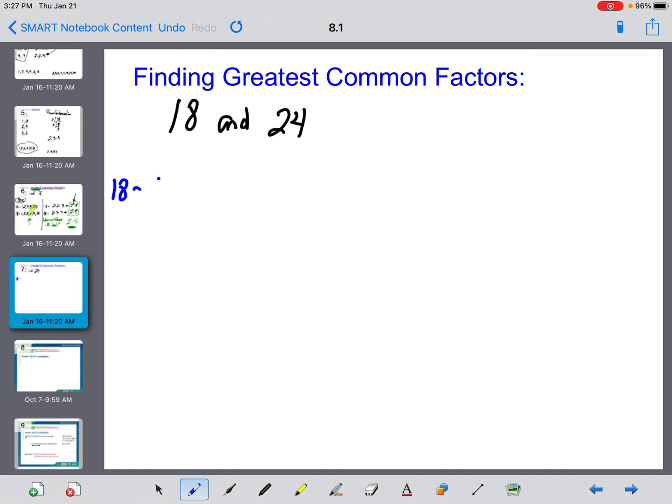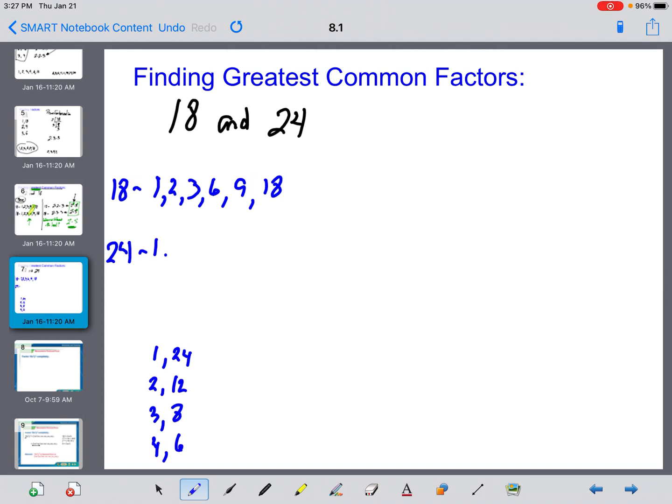So greatest common factor. Let's talk about 18. 18, the factors we said were 1, 2, 3, 6, 9, and 18. 24, the pairs of factors are 1 and 24, 2 and 12, 3 and 8, 4 and 6.